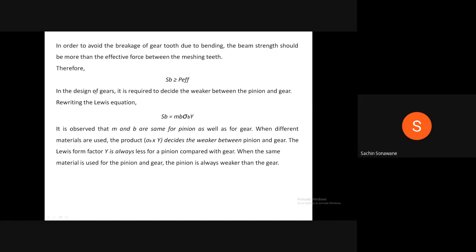In the design of gears, it is required to decide the weaker between the pinion and gear. Therefore, rewriting the Lewis equation, Sb is equal to m b sigma b into Y. It is observed that m and b, that is module and face width, are the same for pinion as well as for gear.